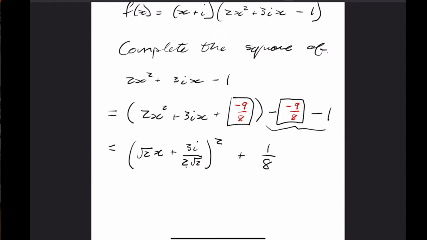And if you think about it, the quadratic formula is essentially completing the square. So yes, you can use the quadratic formula, but you might run into trouble in the interpretation of the square root of a complex number.